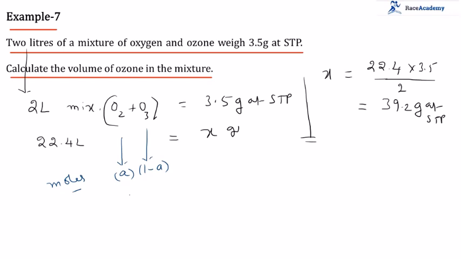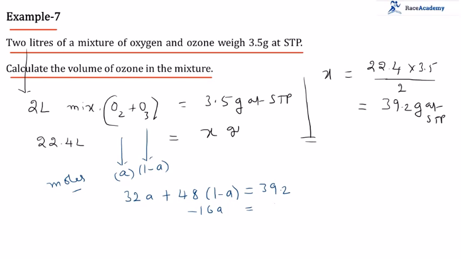Oxygen molecular mass is 32 into a, plus ozone molecular mass is 48 into 1 minus a. That mass of the mixture will become 39.2, which we obtained already. So it will be 48 minus 16a is equal to 39.2.